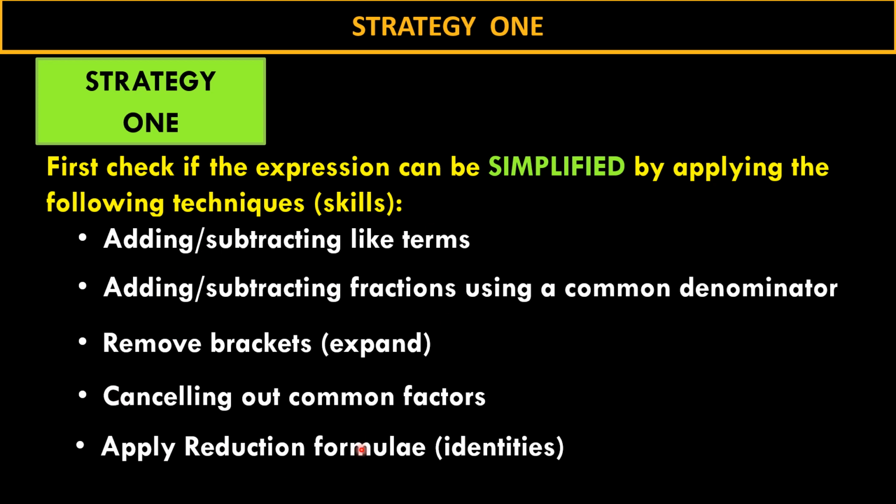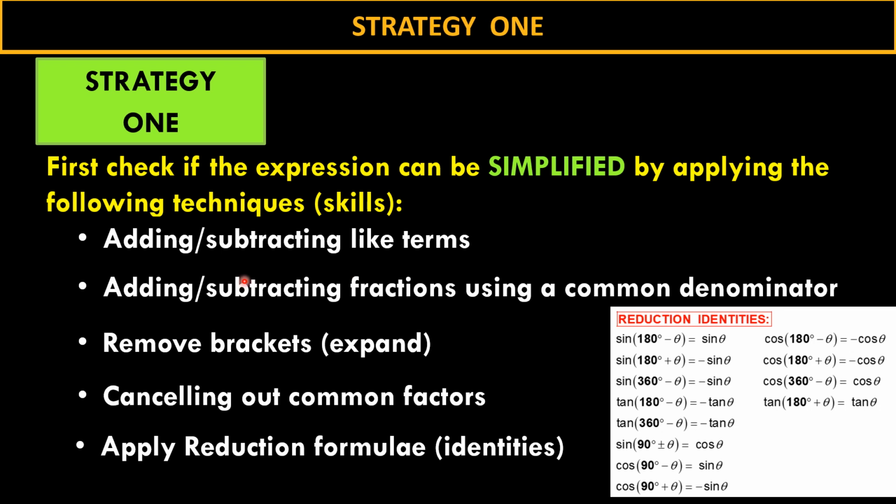So this is what you always try to do first, right? You ask, can you simplify? You ask yourself, are there any like terms? No. Are there fractions? No. Are there brackets? No. Is there something I can maybe cancel out? Or if you see a reduction formula, try to eliminate the reduction formula immediately.